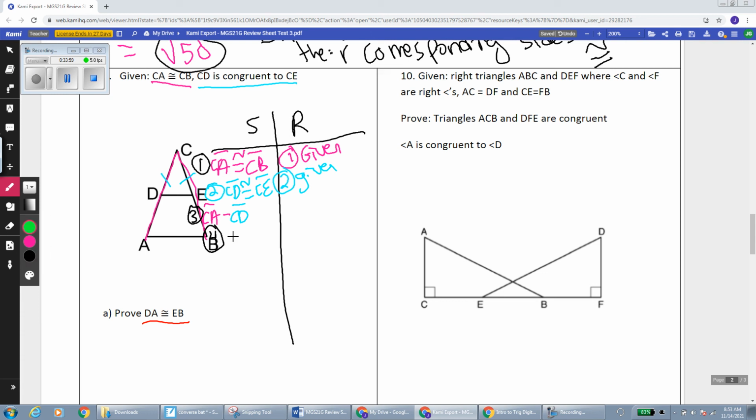So if it helps you to do it at the same time, go for it. And that should be congruent to, on the side we have CB, and from CB, we need to take away CE to be left over with EB. And we are left over with EB.